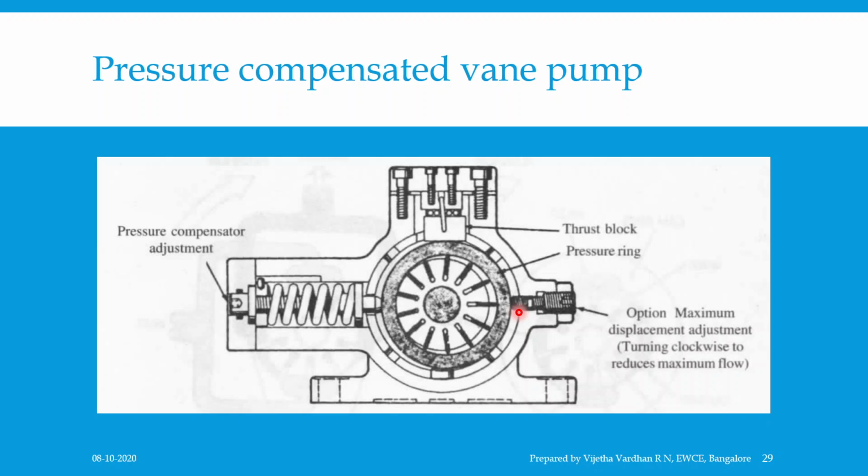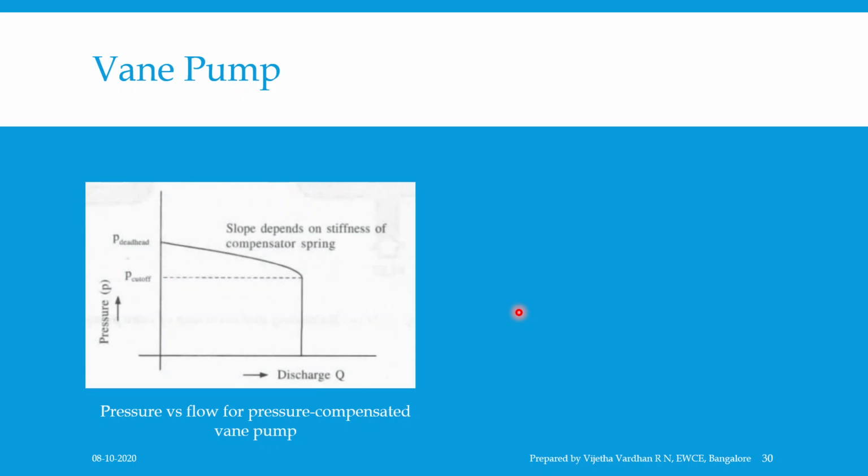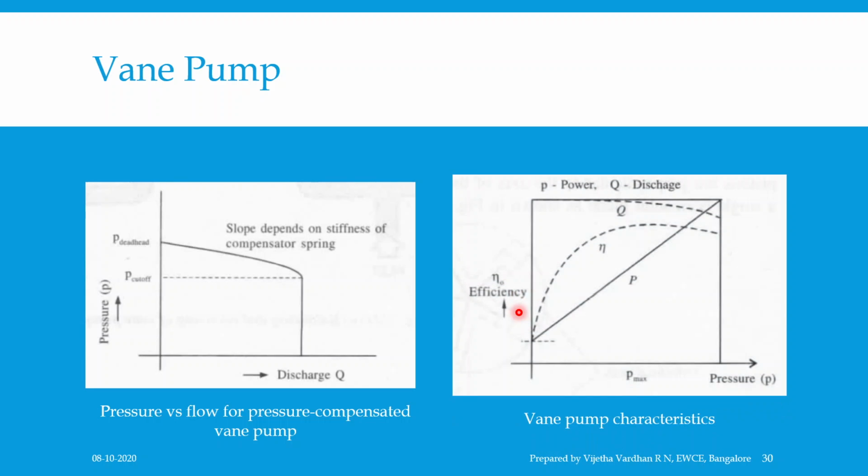Such a pump has its own protection against the excessive pressure which is going to be built up, and you can see that in the figure over here, which shows the pressure versus flow characteristics of a pressure compensated vane pump. Then coming to the vane pump characteristics, one of them is called cutoff pressure. What is called cutoff pressure?